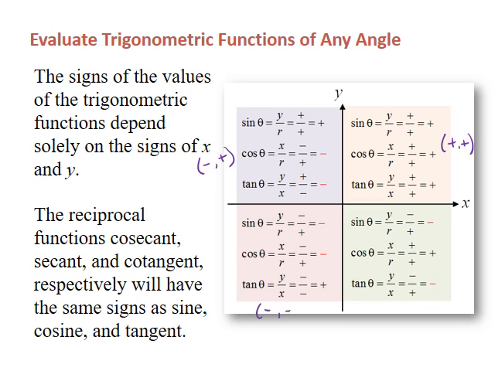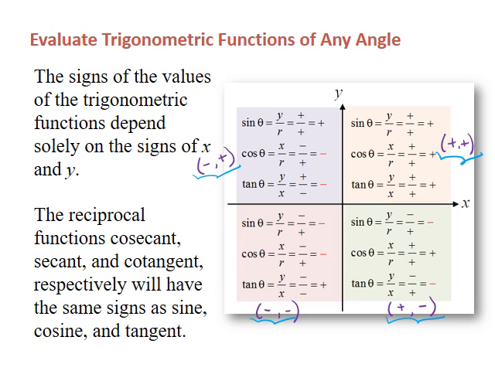Here, both sine and cosine are negative. Here, cosine is positive, but sine is negative. That's all this chart is telling you. Some teachers like to explain it a little bit more, but I think if you know each of these, you'll be fine, as long as you know how to use it.